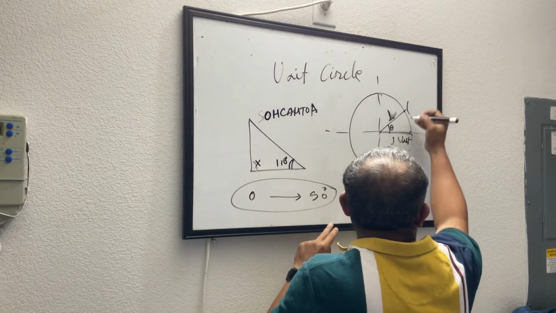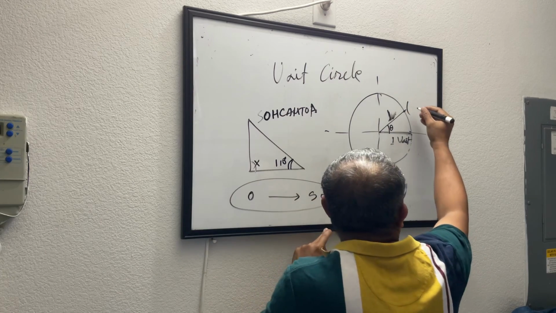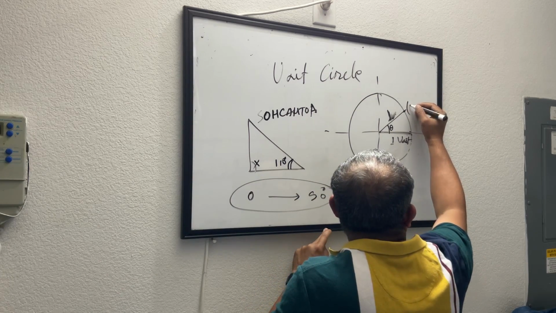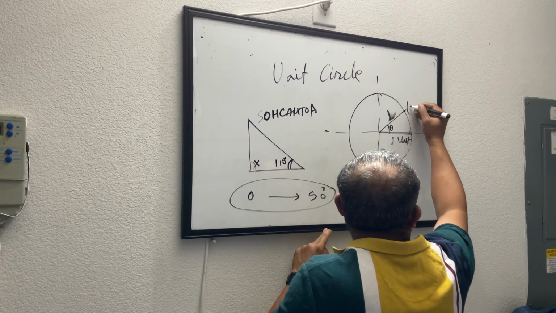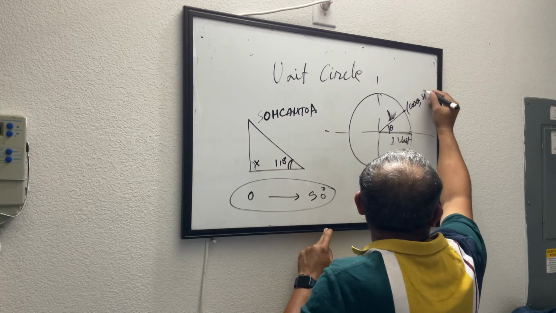And unit circle says that any point that you pick up along the perimeter, the x coordinate will be cos of theta, and y coordinate will be sine of theta.